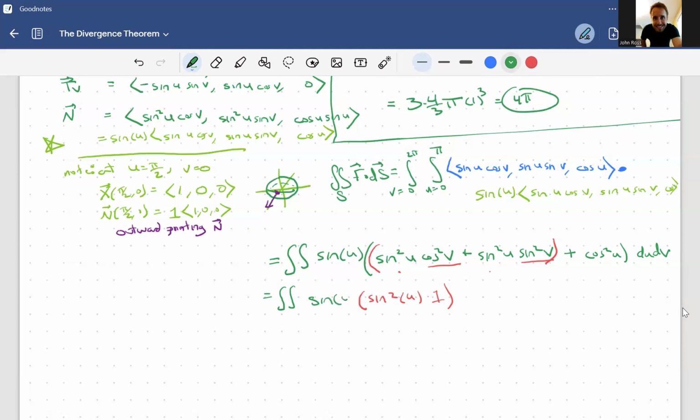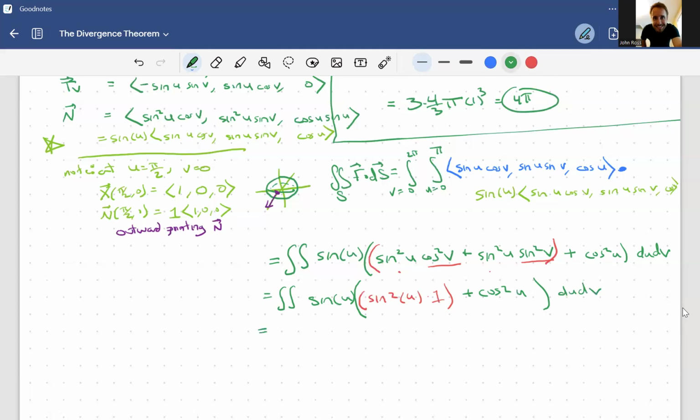This original sine u is still floating out front of everything. Is that right? Yeah, of everything. I should put some big parentheses on here. But now this is just going to have that last plus cosine squared of u in the big parentheses, du dv. All right, and now we're cooking.